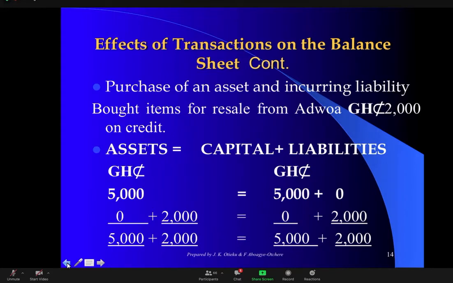As at this time, we'll be starting with how much? 7,000. Okay, then minus 1,000 plus 6,000 would be equal to the 5,000 plus another 5,000 for profit.